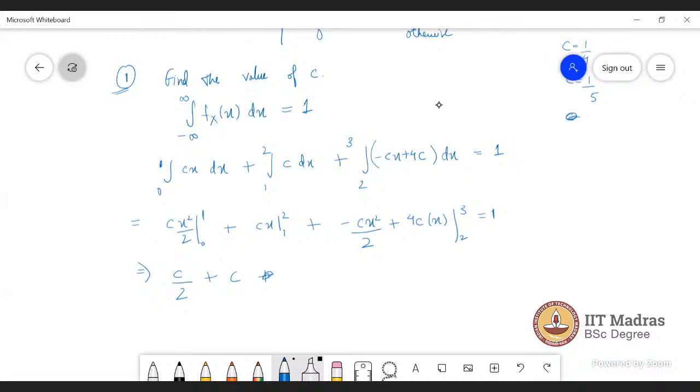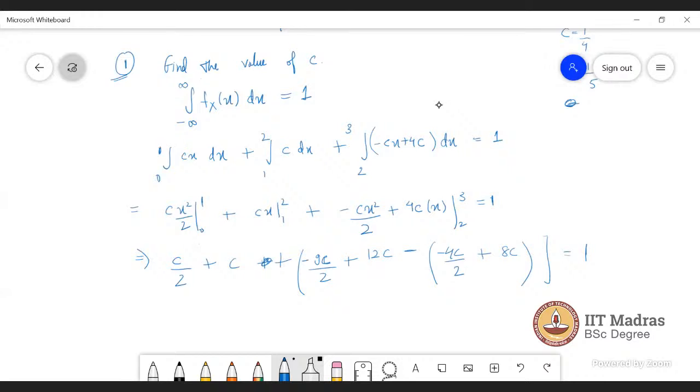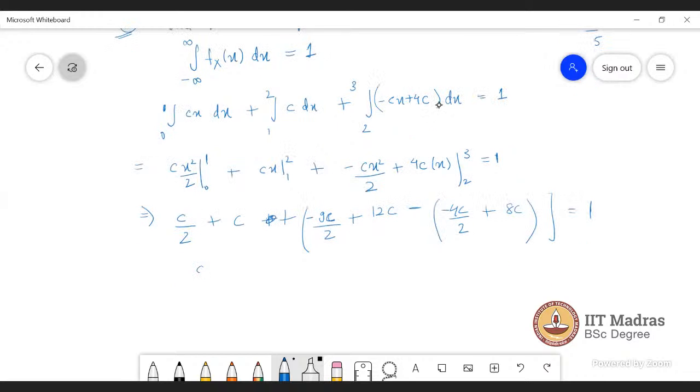So this is plus. So x is 3, so minus 9c by 2 plus 12c, minus, with x as 2, minus 4c by 2 plus 8c, right? So this is equal to 1. So c by 2 plus c minus 9c by 2 plus 12c plus 4c by 2 minus 8c equals 1.